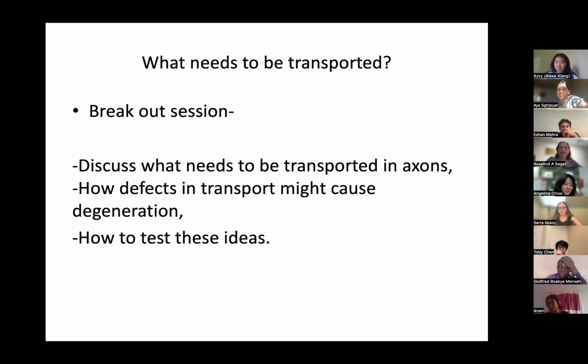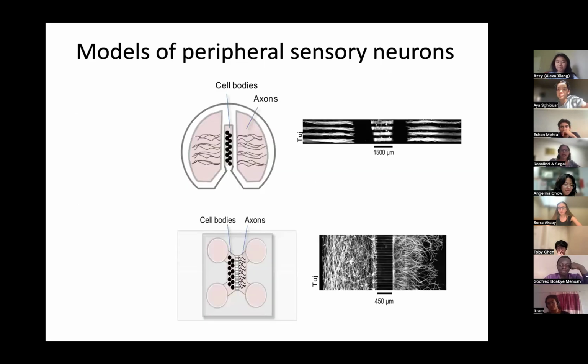This was great. Okay, so we want to understand this phenomenon and we want to test it in a place where we can really look at things in a very rigorous fashion. So we use two methods of culturing peripheral sensory neurons to look at these changes in transport and degeneration.